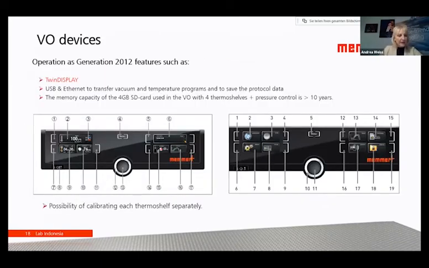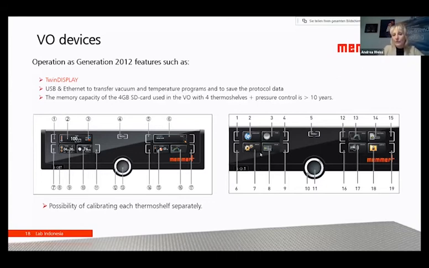The twin display, very briefly have a short overview on the vacuum oven. We have here temperature, we have here vacuum setting, we have here possibility for alarm messages. Then we have even calibration, and that calibration we can use in software, and then we can do the calibration for all the thermal shelves on the unit, which is a very special feature of the vacuum oven.